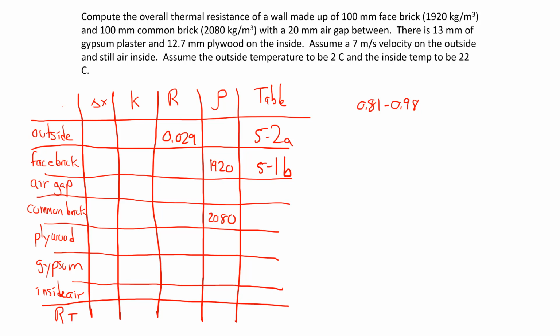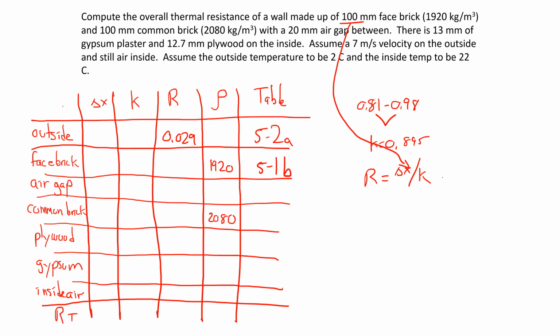So with that being the case, what we would do is take the average between these two conductivity values, and you would end up with a conductivity of about 0.895. The resistance of that would be the thickness over the conductivity. The thickness of the face brick is 100 millimeters, right?